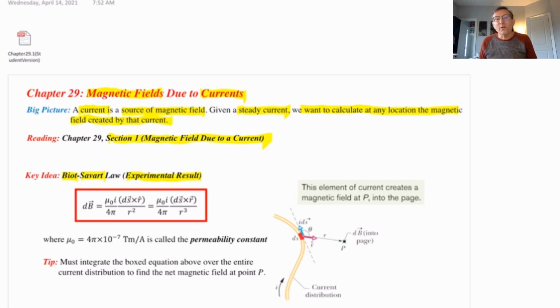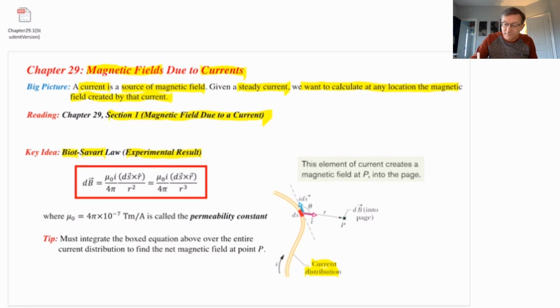So the picture over on the right is meant to represent what is labeled there, a current distribution. And of course, what it's meant to show you is a portion of conducting wire. And you can see it's got some pretty complicated shape. It's winding around in the plane of the screen. And of course, it's not just sitting there completely isolated from anything else, as the drawing seems to imply.